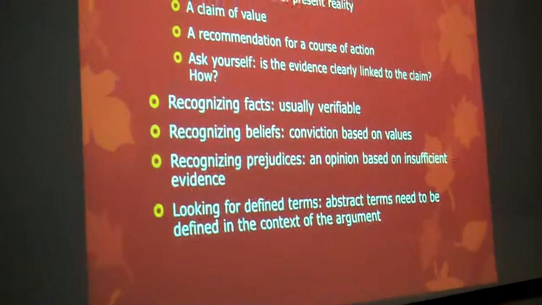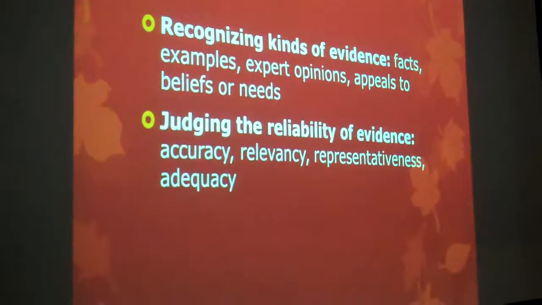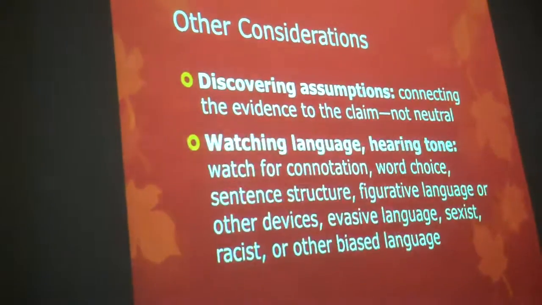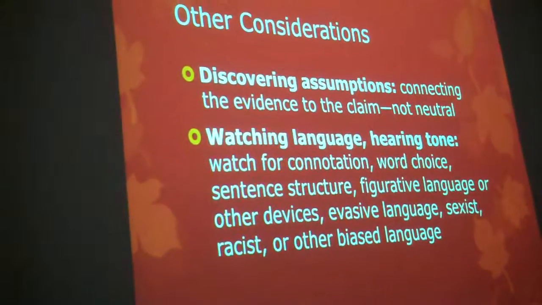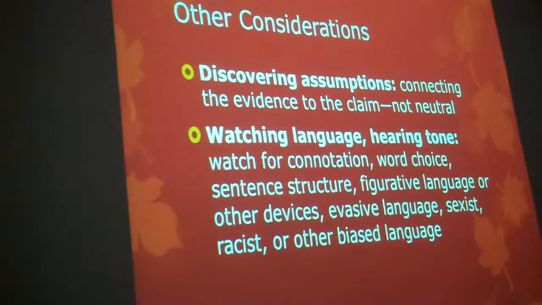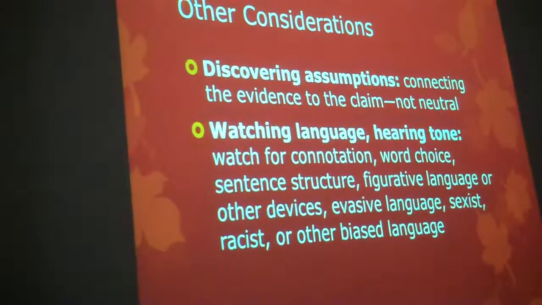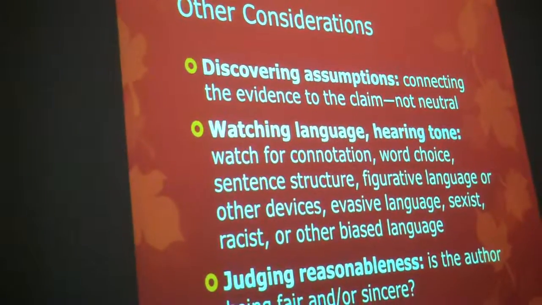Connotation versus denotation. It talks a little bit about how to weigh evidence and how to judge its reliability. It also talks about discovering any assumptions that the author may make, as well as things that we've talked about as far as rhetoric, watching how they express themselves and hearing the tone of their writing. And then judging whether or not it's reasonable.